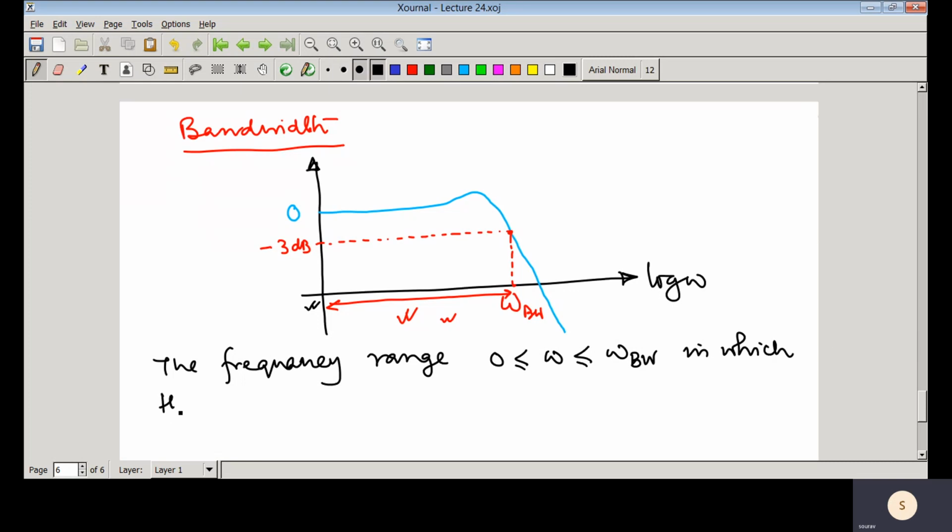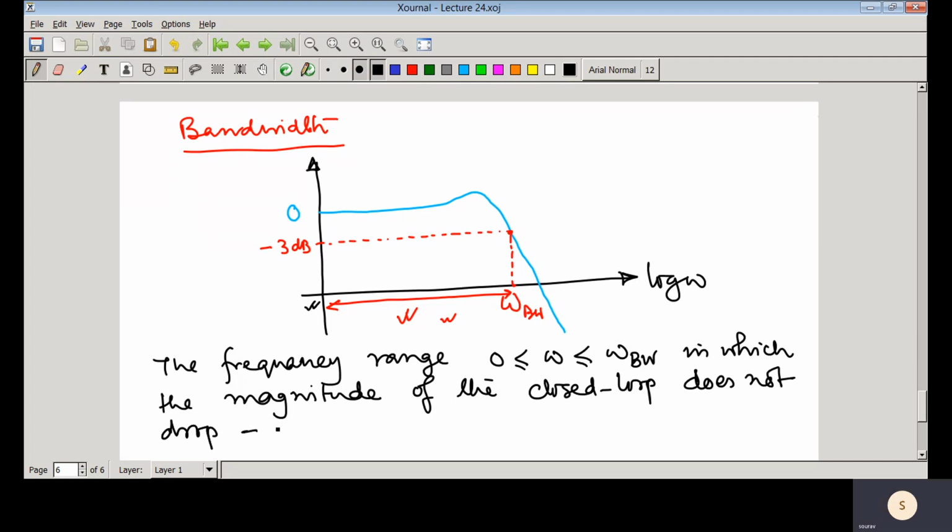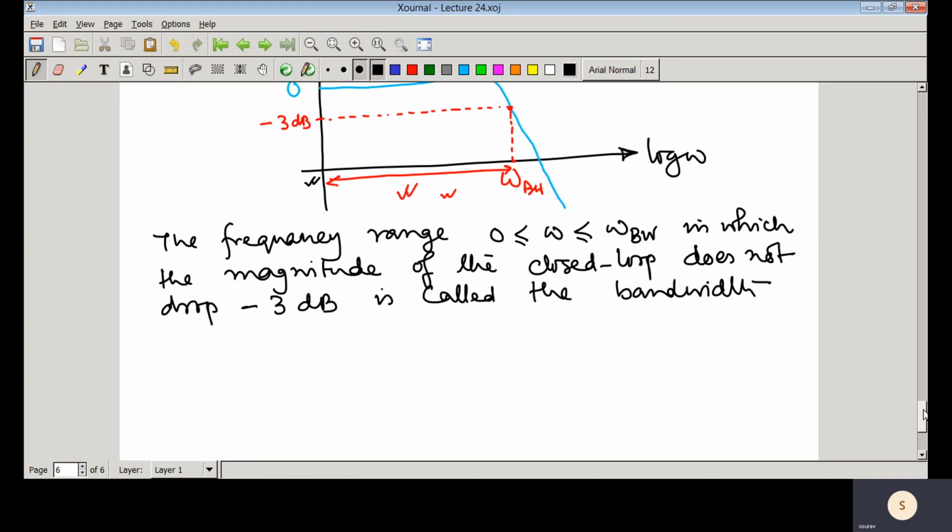the magnitude of the closed loop, so here we have shown the frequency response of the closed loop transfer function, does not drop below -3 dB, that is 20 log 1 by root 2, is called the bandwidth of the system.